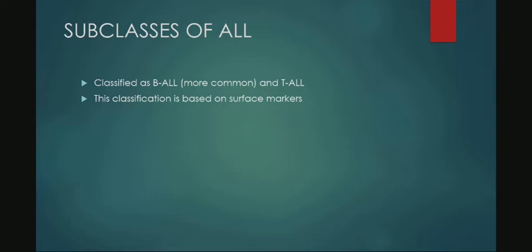Specifically, the prognosis will be determined by the cytogenetic abnormality that is involved. Commonly in B-ALL, the cytogenetic abnormality involved is the translocation 12;21, and this is common in children and it has a good prognosis.